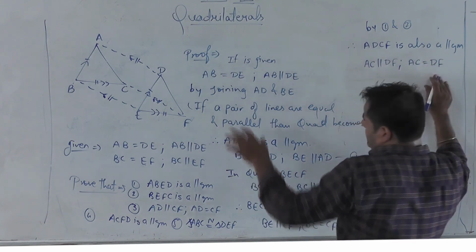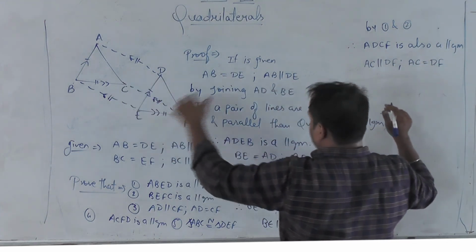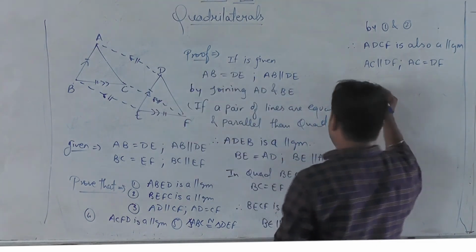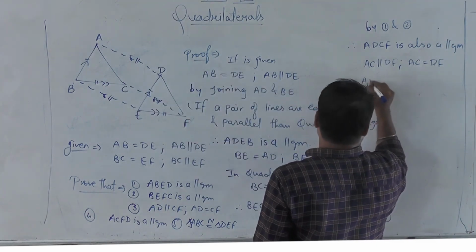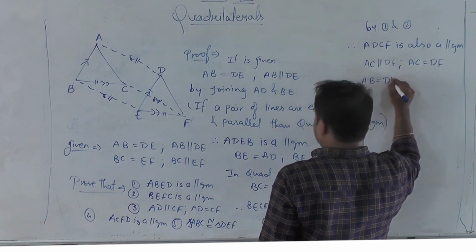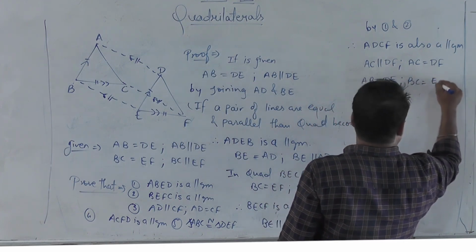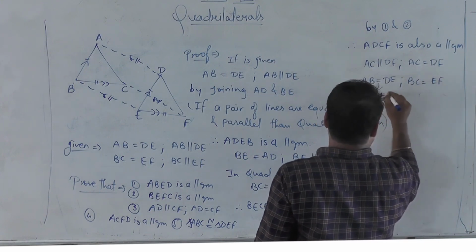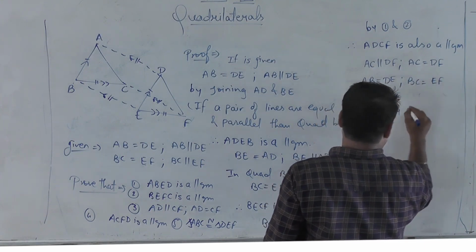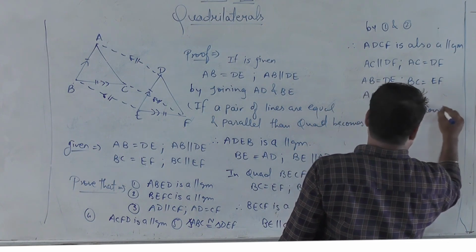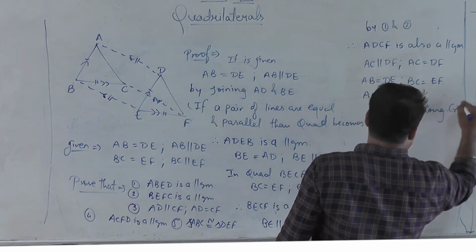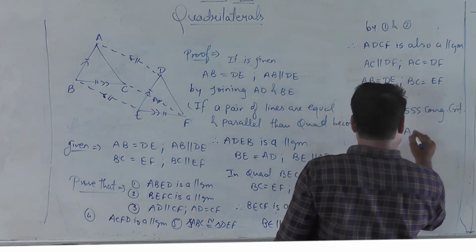With that, we can say all three sides are now equal to the three sides of the other triangle. In which AB is equal to DE, BC is equal to EF, and AC is equal to DF. All sides are equal, so by the side-side-side congruency criteria, both triangles become congruent.